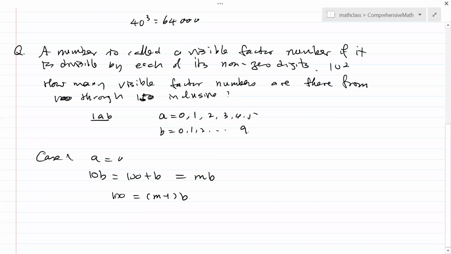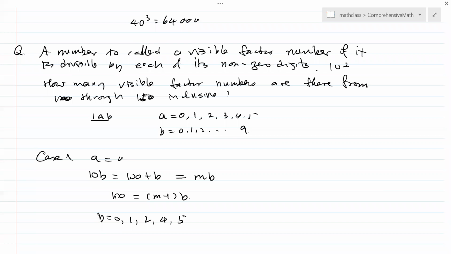Because 100 is divided by 0? No, so B can definitely be 0. But 100 divided by 1, 100 divided by 2, 100 divided by not 3, but 4, and 100 divided by 5. So you list all of them, okay?